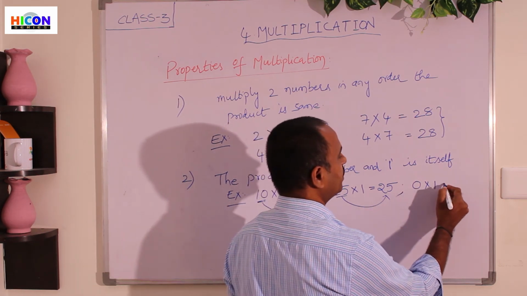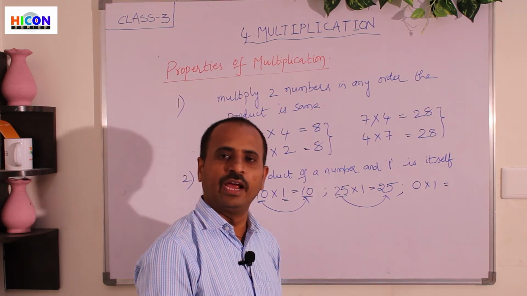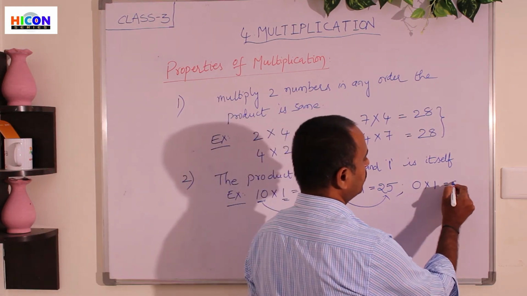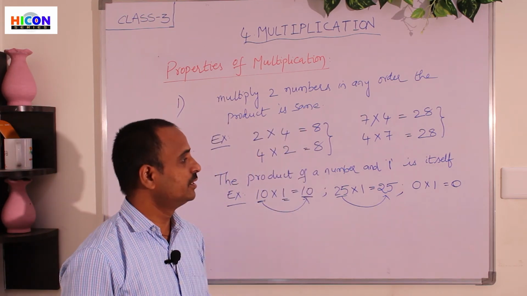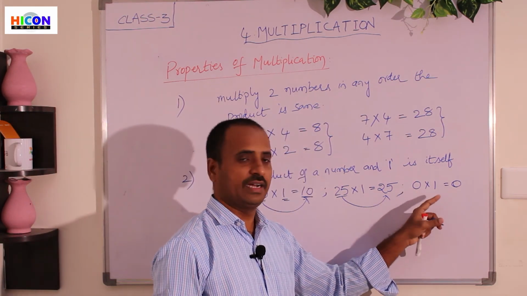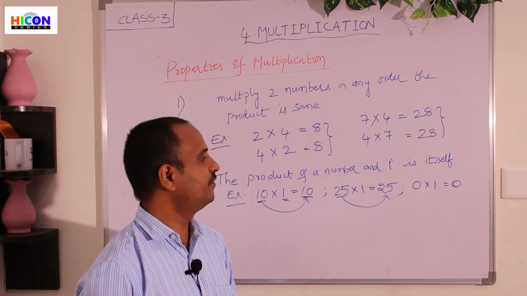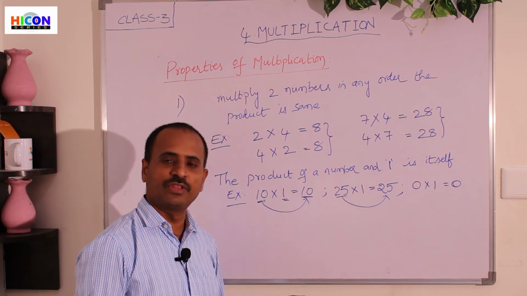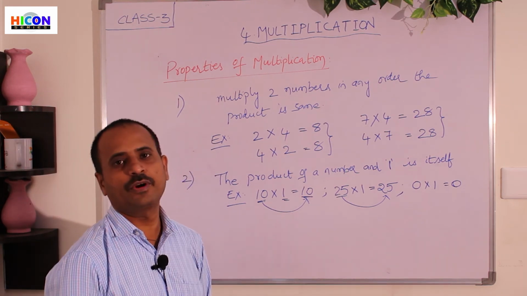So how much will you get? If you multiply 0 with 1, again you will get 0. So 0 ones are 0, 100 ones are 100, 50 ones are 50, 20 ones are 20. In the same way, if you multiply any number with 1, you will get again the same number. So this is the second property.